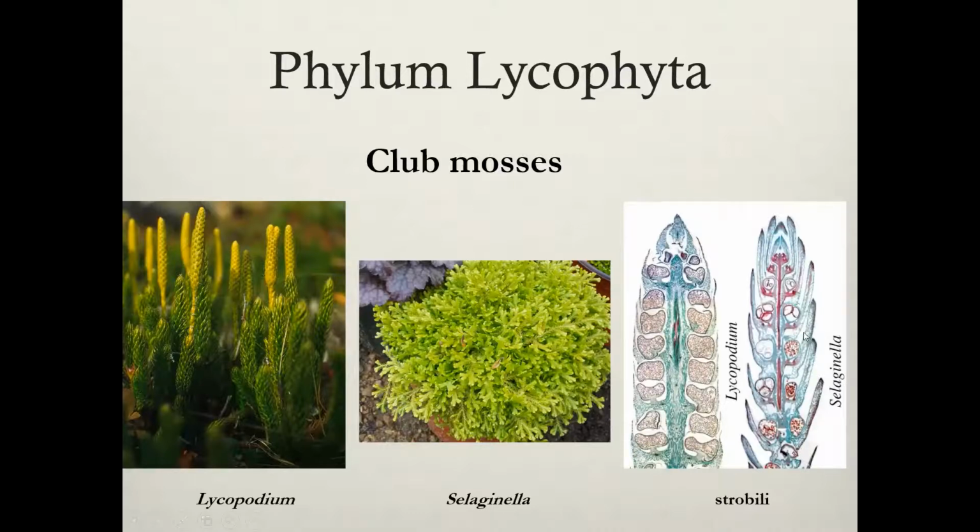If you look at the spores of Selaginella, you'll see large spores and small spores. So we call this heterospory, and we can tell where the female spores are, which are going to be the large ones, and the male spores, which are going to be the small ones. So the female spores will develop to be the female gametophyte somewhere in the environment, while the male spores, the smaller ones, will be the male gametophyte in the environment.